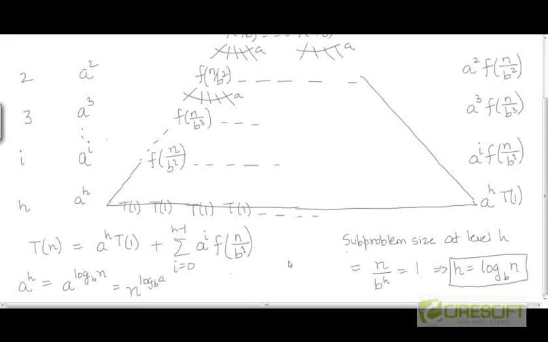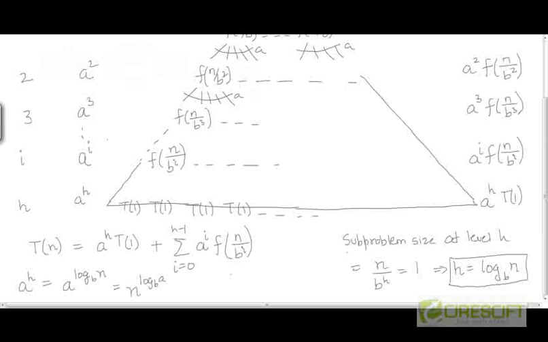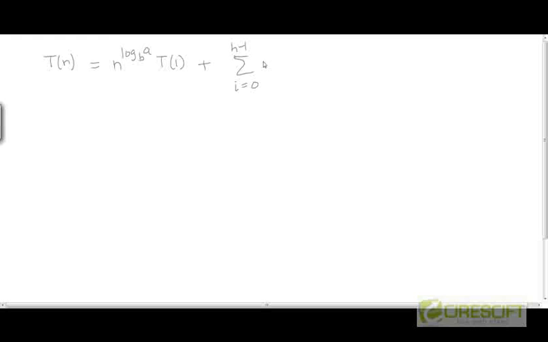So T of n can be written as n to the power log of a base b multiplied by T of 1 plus summation of i varying from 0 to h minus 1, where h is log of n base b, a to the power i multiplied by f of n divided by b to the power i.